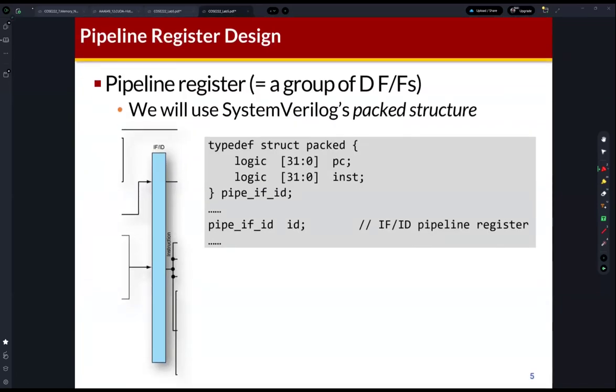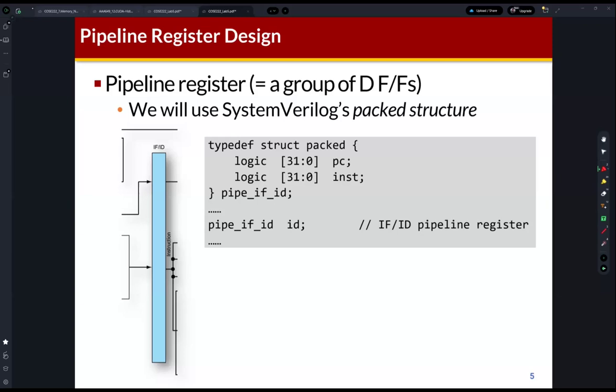Okay, so this is an example of a pipeline register. I show the example of the instruction fetch/ID, the instruction decoding pipeline register. We can implement pipeline registers using a packed structure.